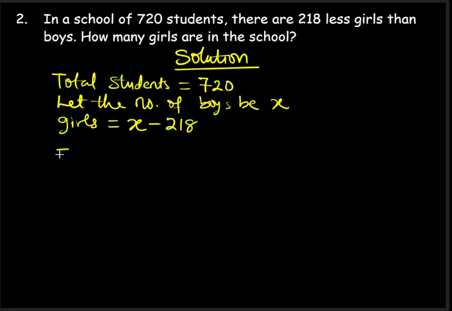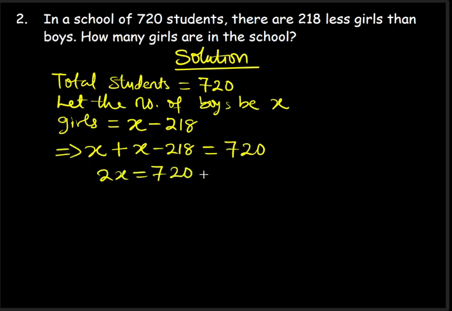So this implies that x, which is the number of boys, plus x minus 218, which is the number of girls, will give us 720. So what do we have? 2x equals 720 plus 218. Okay, this will be plus, sorry, 218.